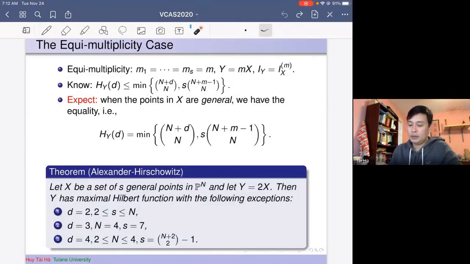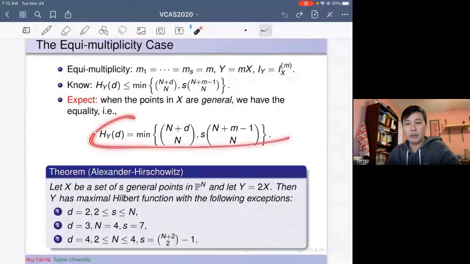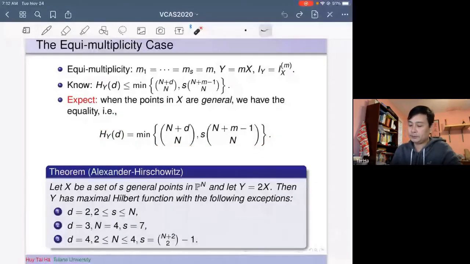Those are the only exceptional cases, and outside of these exceptional cases, we indeed have what we expect, the maximal Hilbert function. And this is only for the case where the multiplicity is 2.